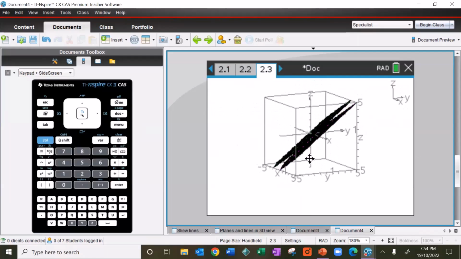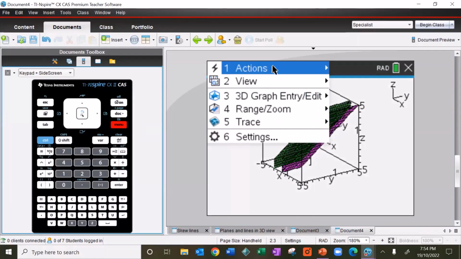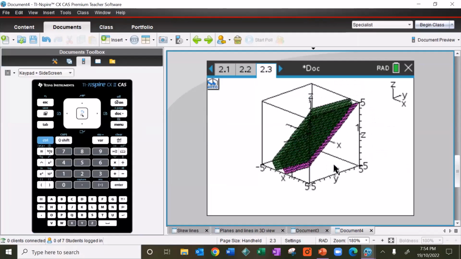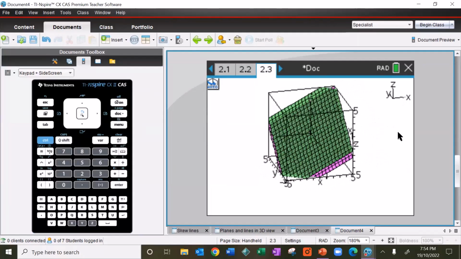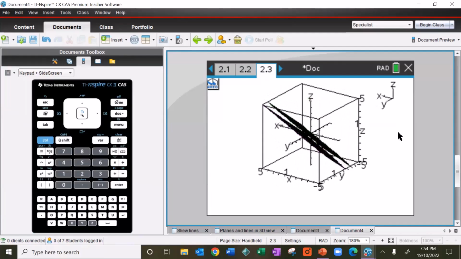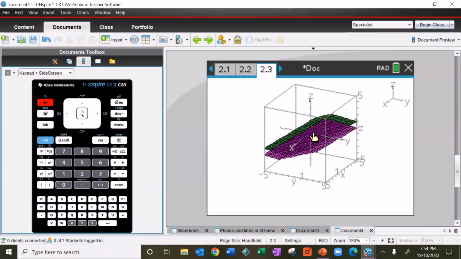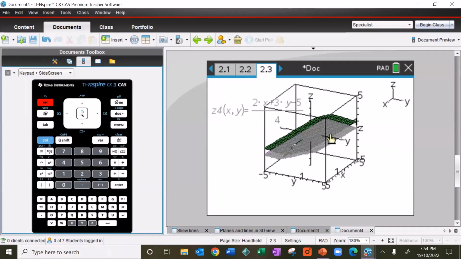The other thing you can change is the box. Those planes are pretty close together, but if you do auto rotation, it does show that the planes are parallel.